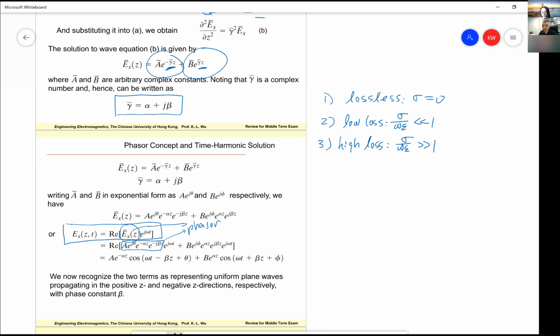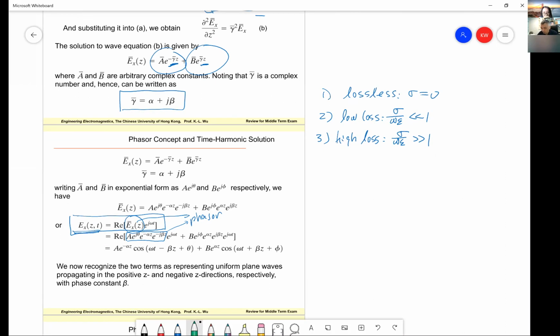Right. So this is something, right? This is a phasor, and when we convert a phasor into the instantaneous expression, we need to multiply the phasor by this e^{jωt}.